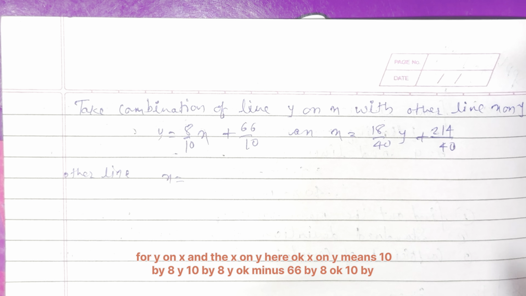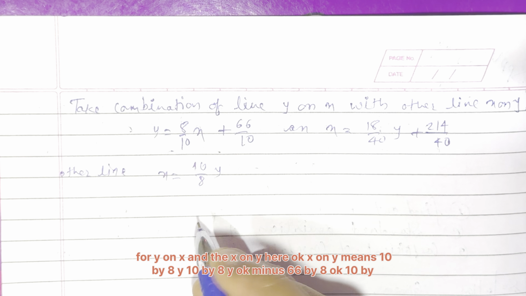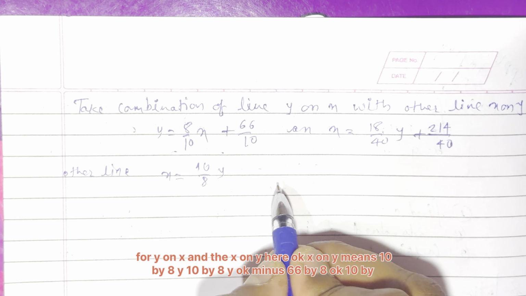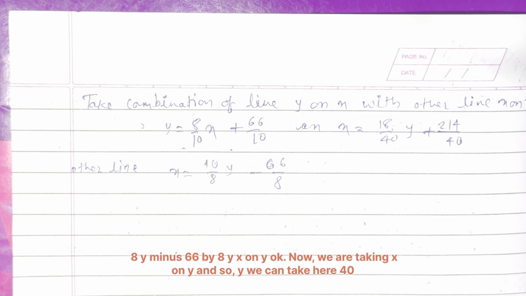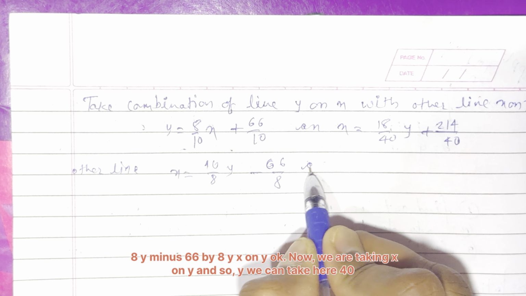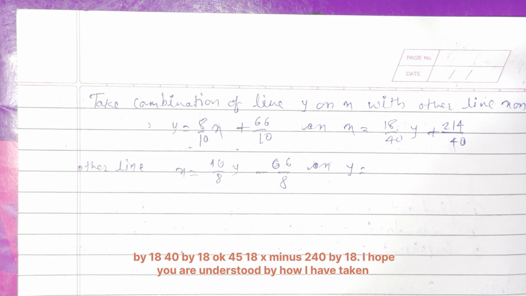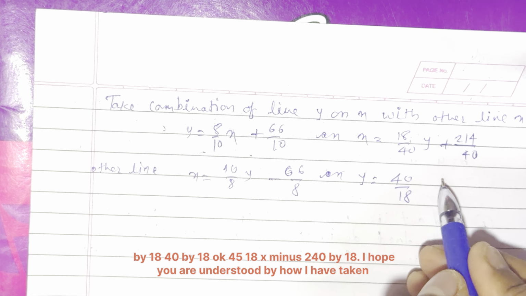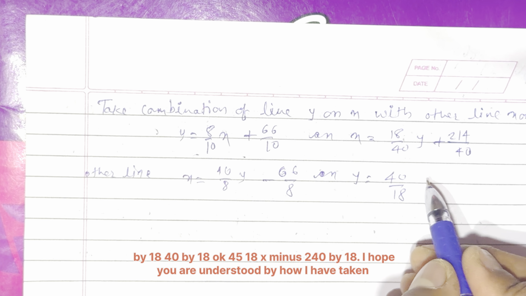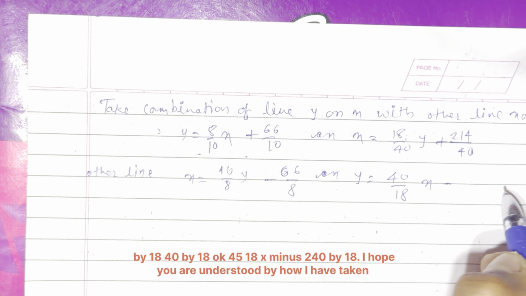X on y means 10 by 8y minus 66 by 8. Now we are taking x on y, and y we can take here as 40 by 18x minus 214 by 18.